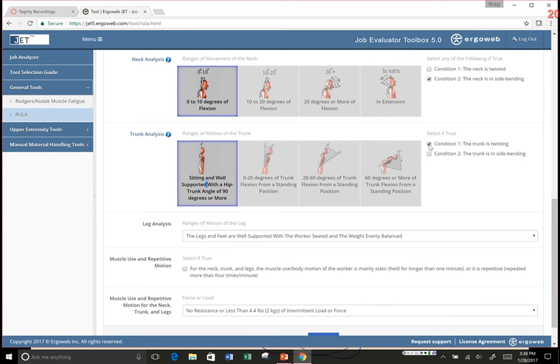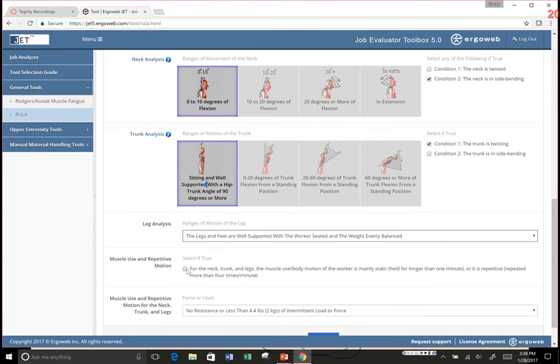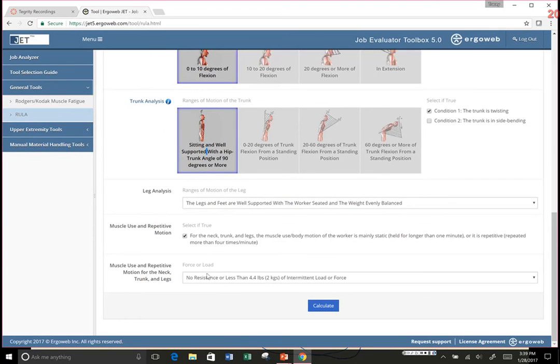I think he was twisting a little bit to get his shoulder raised, to get to the keyboard, to hold the phone headset. So I'm going to pick twisting. Trunk is twisting. Leg analysis: well supported, evenly balanced, so we're good there. Muscle use: mainly static. Yes, the neck was static to hold the phone. But again, it was low resistance.